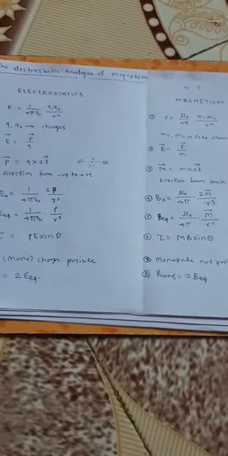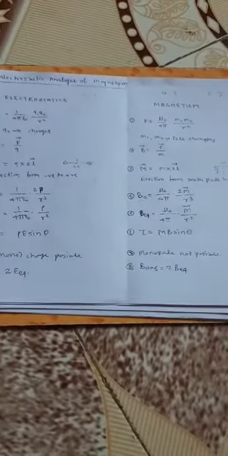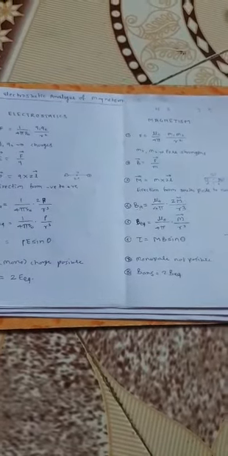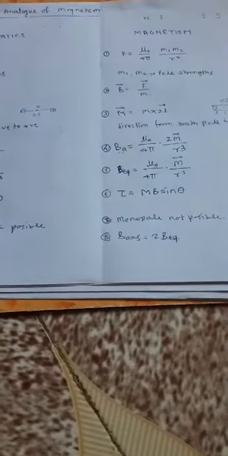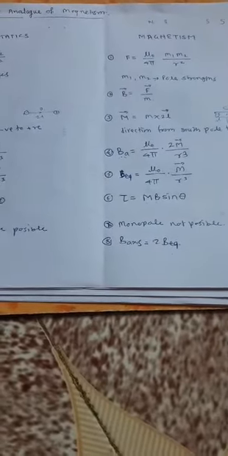Therefore, it is impossible to separate the two poles of a magnet. But in case of electrostatics, we can easily separate the two charges. This is the analogy between electrostatics and magnetism, or we can easily understand magnetism with the help of electrostatics, and it is known as the electrostatic analog of magnetism.